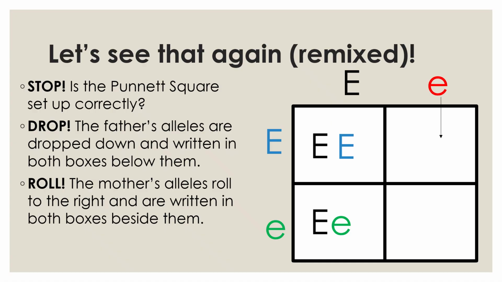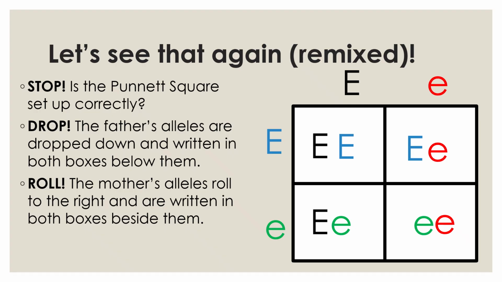Or dad's little e could match up with mom's big E, which gives us the possibility of another heterozygous offspring. Or dad's little e could match up with mom's little e, and we have the possibility of having an offspring that is homozygous recessive.